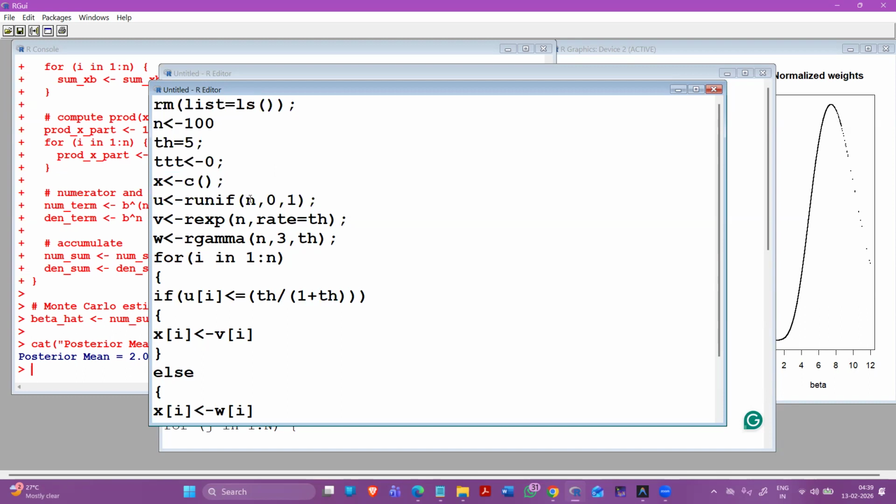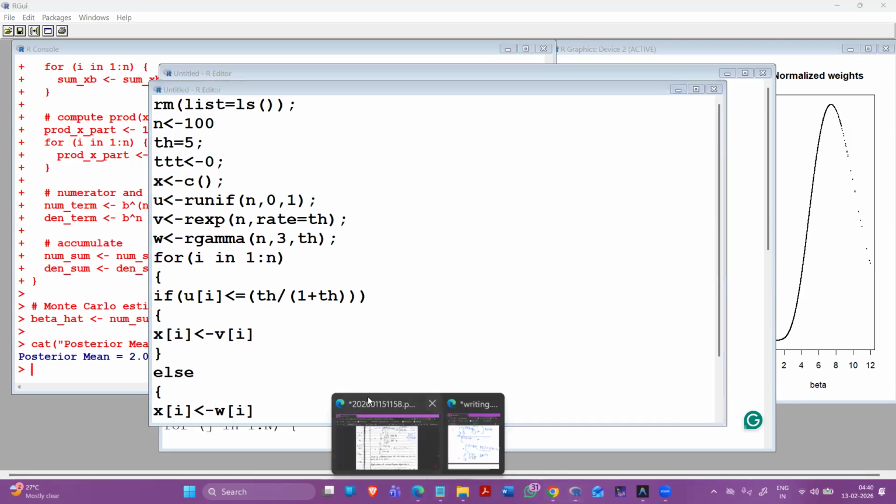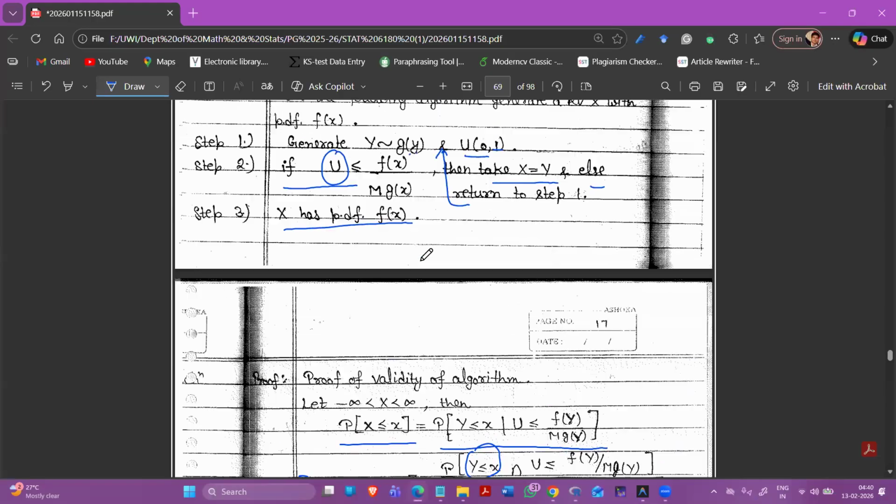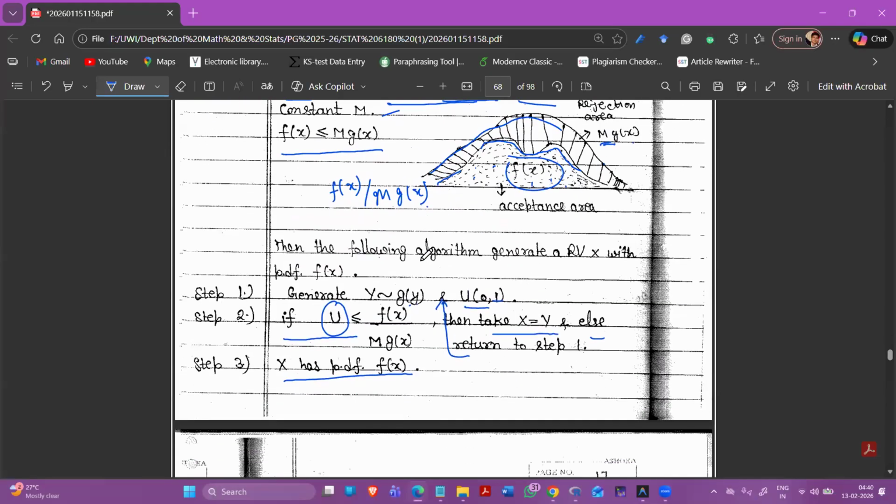That is my u, because every single time I need to repeat this. Here I am going to generate one value of y from the gy and one value of u from the uniform distribution to generate one value of x.